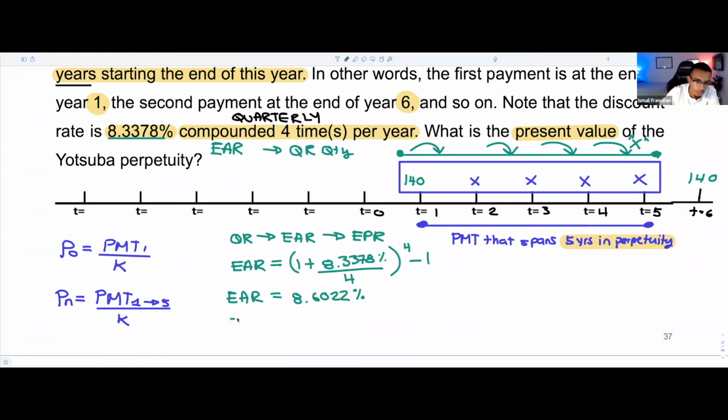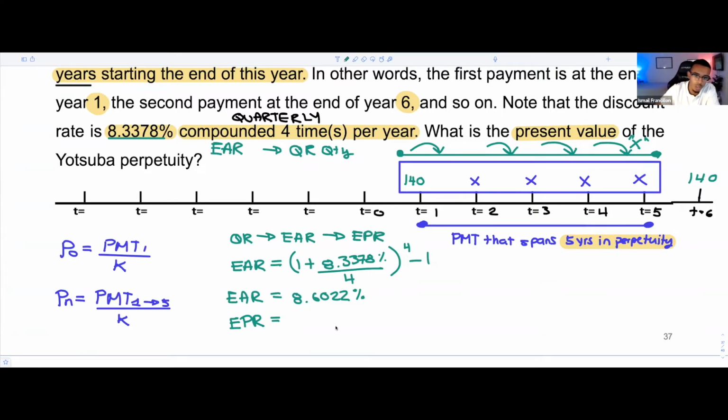Now we need to solve for our effective periodic rate. If you look at the top of this document, you definitely do have the formula to bring an effective annual rate to an effective periodic rate. The best framework to apply here is to understand that we're looking at it as if we compounded 5 times.